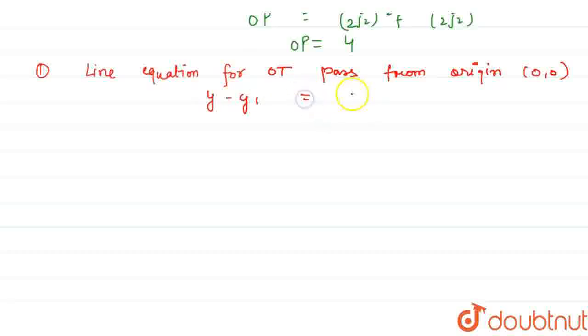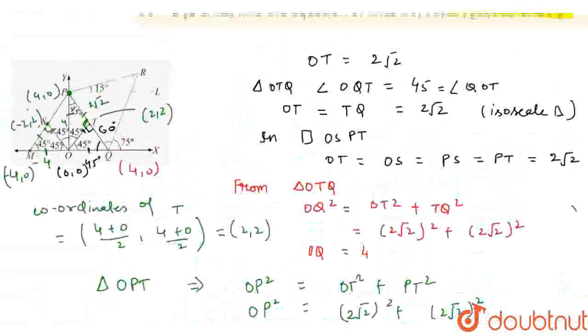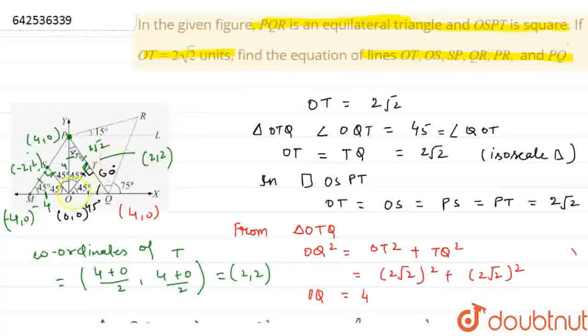y minus y1 is equal to m into x minus x1. y1 is 0, x1 is 0. So y minus 0, m is the slope, x minus 0. So we have to find the slope value. This is the slope of OT, which is making an angle of 45 degrees with the x-axis.